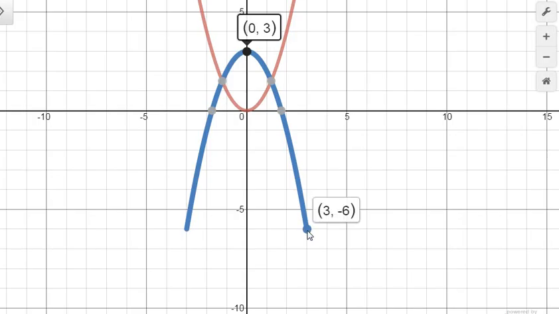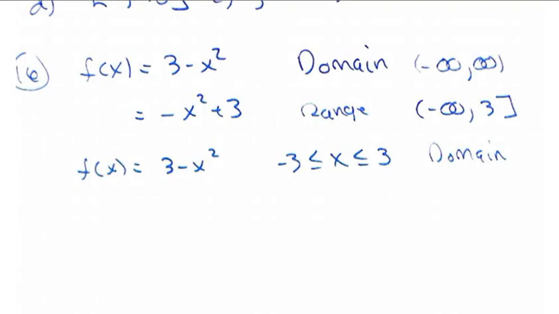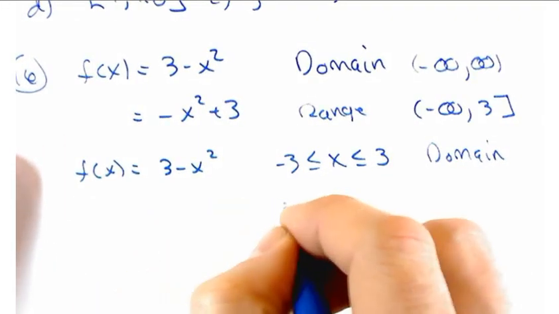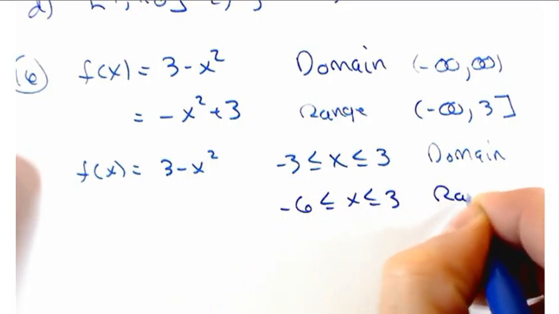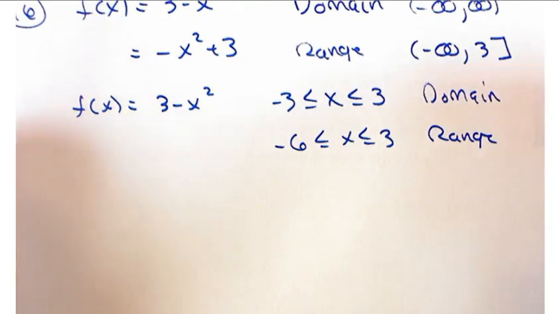So what's the new range now for this restricted function? Yeah, negative 6 to 3. So the corresponding range is negative 6 less than or equal to y less than or equal to 3. That's your range. And that's the way problem 16 is really written.